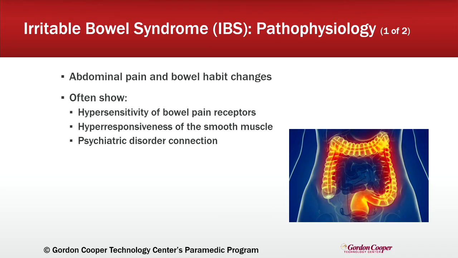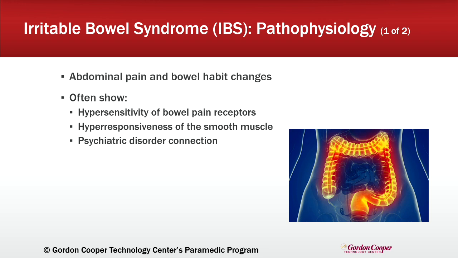Irritable bowel syndrome. This is abdominal pain that occurs 1 day a week for at least 3 months and is linked to changes in stool consistency or frequency. The pain may be related to defecation.